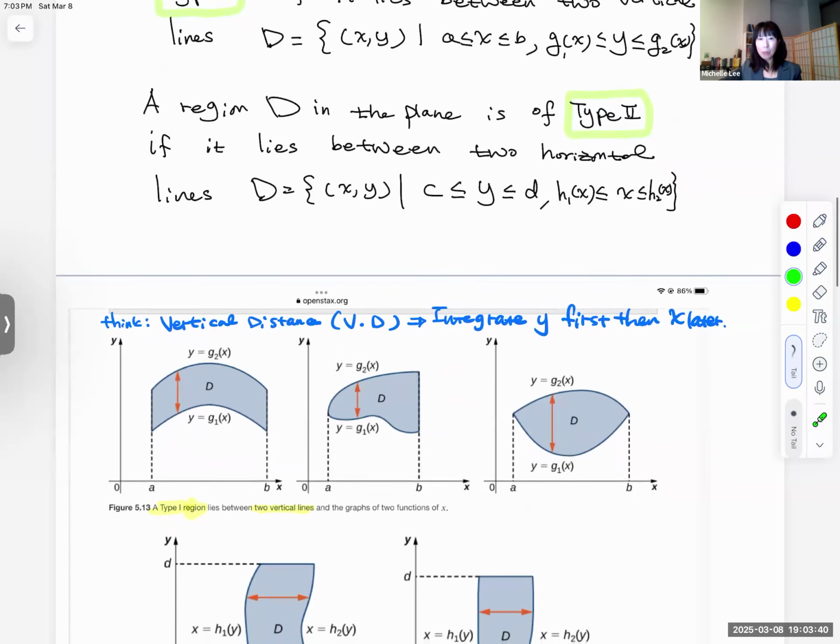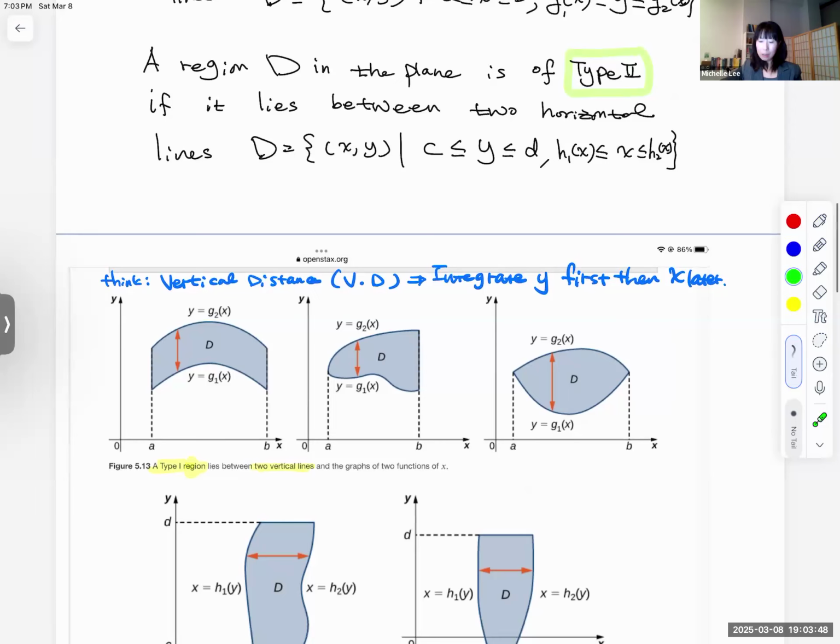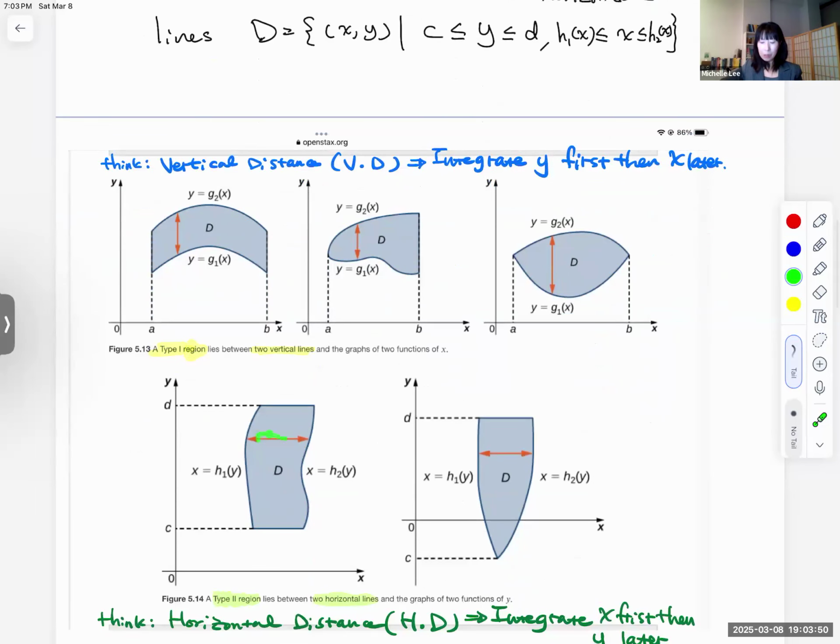Okay, so we have a type 2 region. Then we say horizontal lines, horizontal distance. Let's take a look at the picture. This is the horizontal distance. So we integrate with respect to x first, then later y.